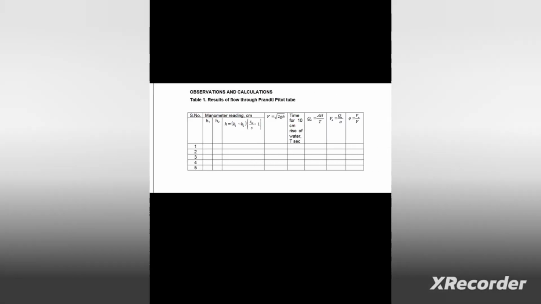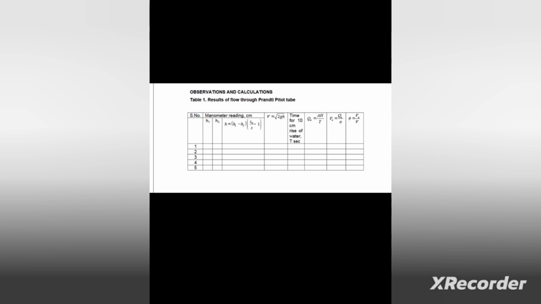Next, R is the value we get from here. Afterwards, T is the time taken for a 10 centimeter rise of water in seconds. After that, we calculate the velocity, where VA is equal to QA divided by A, where A is the area.